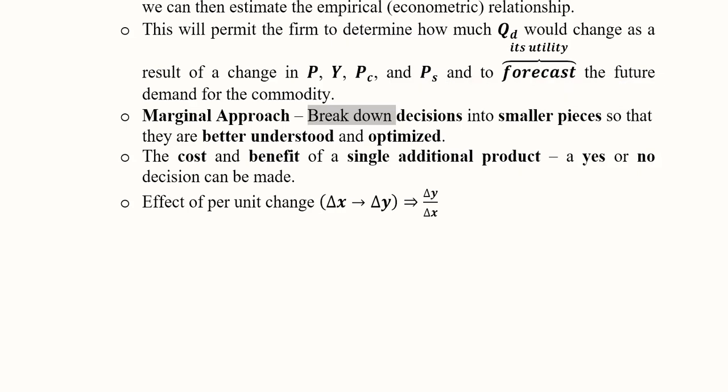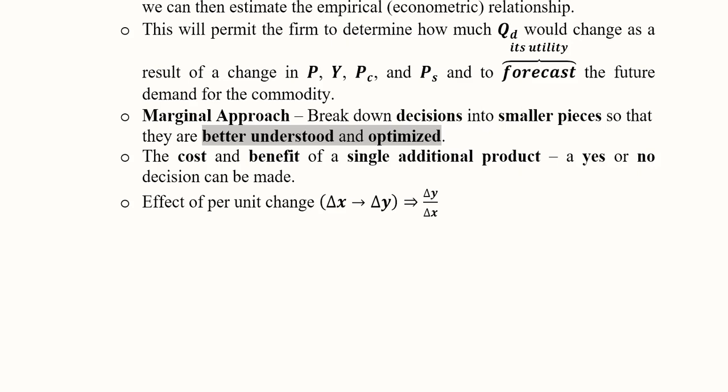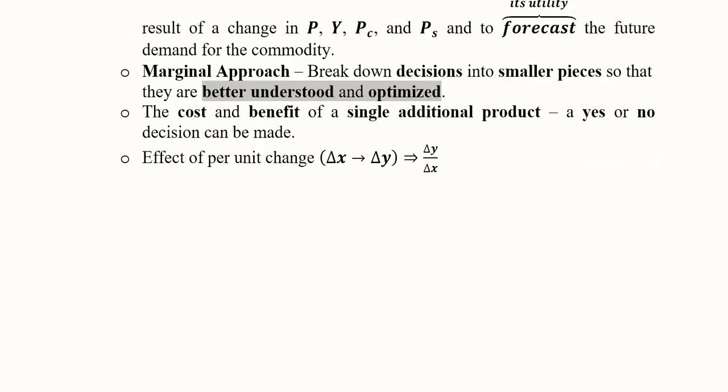Basically, what we do is we do the assessment on a marginal basis, that is, we divide the decisions, the variables and their values into smaller parts or pieces, and that allows us to make decisions in a more effective and meticulous way, and to better understand and do the optimization, because we want to maximize the favorable variable and minimize the unfavorable variable, and for that we need to divide the values and the variables into smaller parts, so that every step is meticulous and justified.